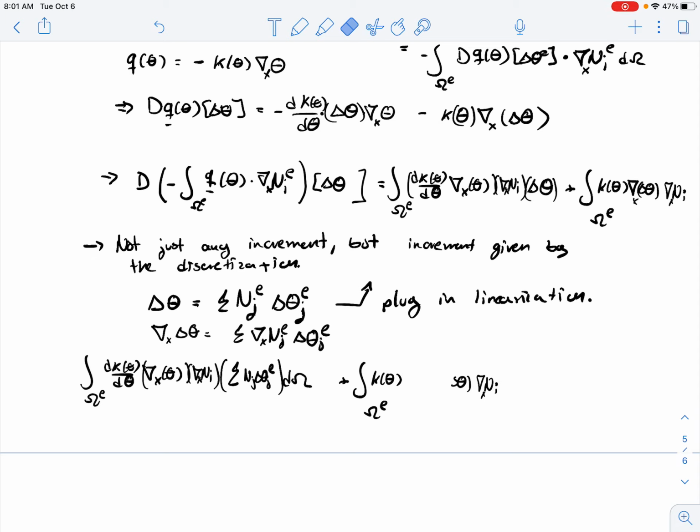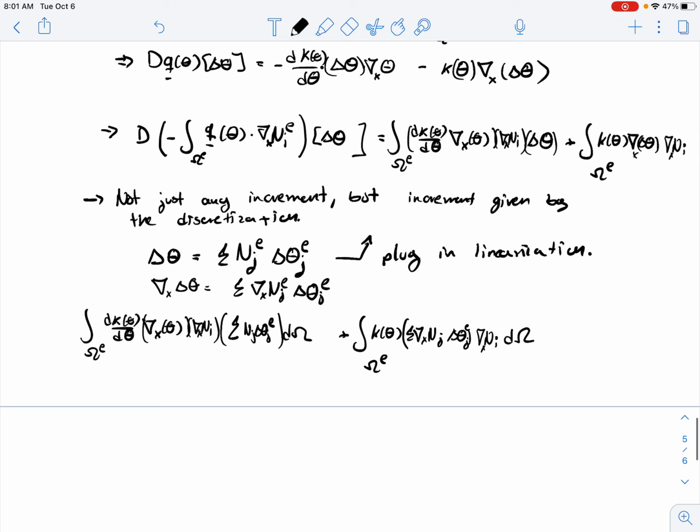So here, instead of the gradient of the increment, I'm going to have the sum of the gradient of the shape functions times the increments, times the gradient of N_i, and that's it. So I want this now, right? So this is my linearization, but now I have plugged in this discrete increment, where the increment is discretized in the same way as my degrees of freedom. And so what do we have here?